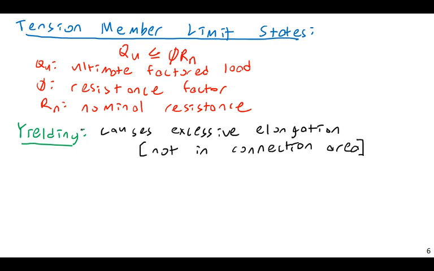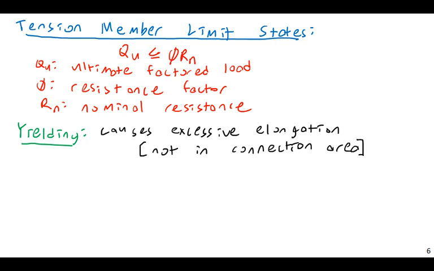This is yielding that occurs before the strain hardening, so you're dealing with just excessive deformation. We don't need to worry about yielding for the design of connecting elements, because a connecting element is so small longitudinally that even if you're getting yielding there, the total deformation in inches is small.